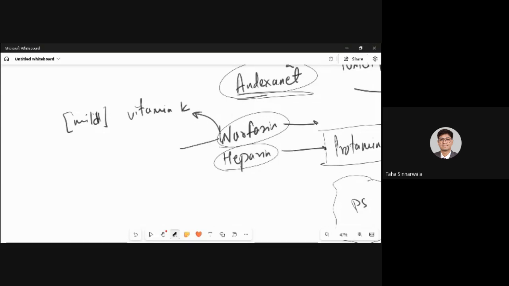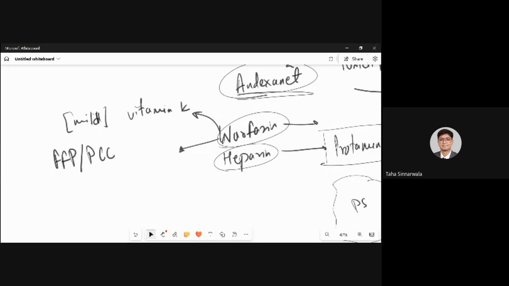Now, on the other hand, let's say you have a patient who is in severe toxicity, he's developed bleeding now. So you can give this patient something called fresh frozen plasma or prothrombin complex, or the cryoprecipitate.